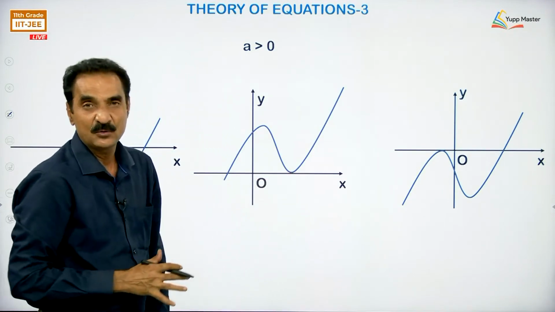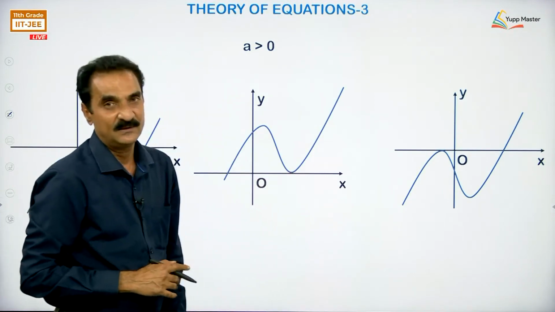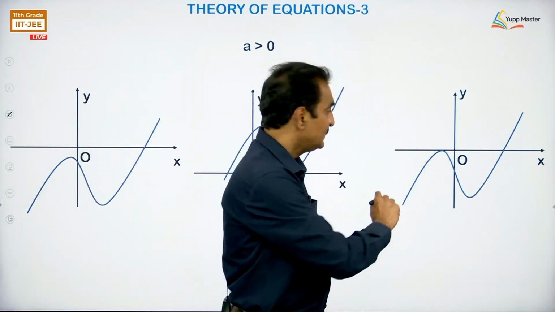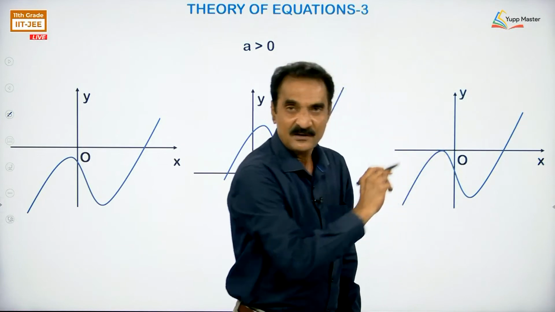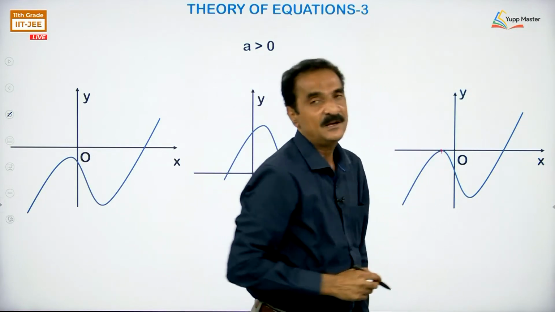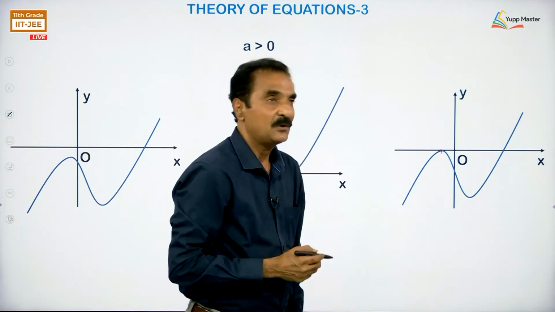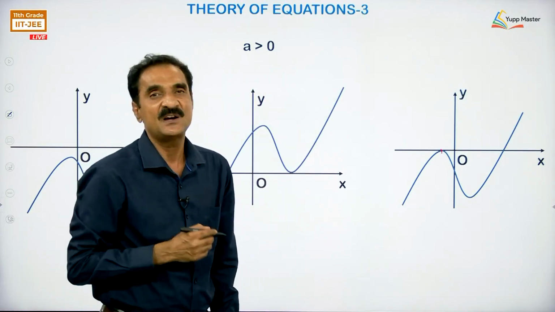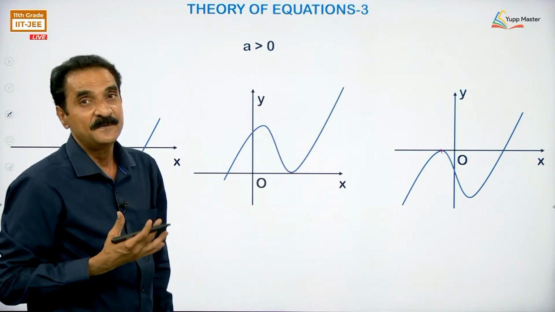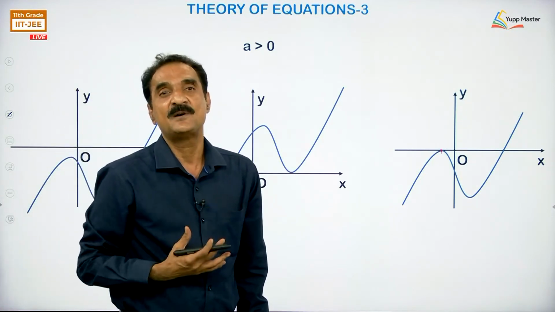Out of the 3 real roots, 2 are equal. Okay. And in this case also, the cubic equation will have 3 real roots in which 2 of them are equal to each other. Okay. Now, let us discuss how to know the exact position of the graph so that we can identify the exact number of real roots of the equation.